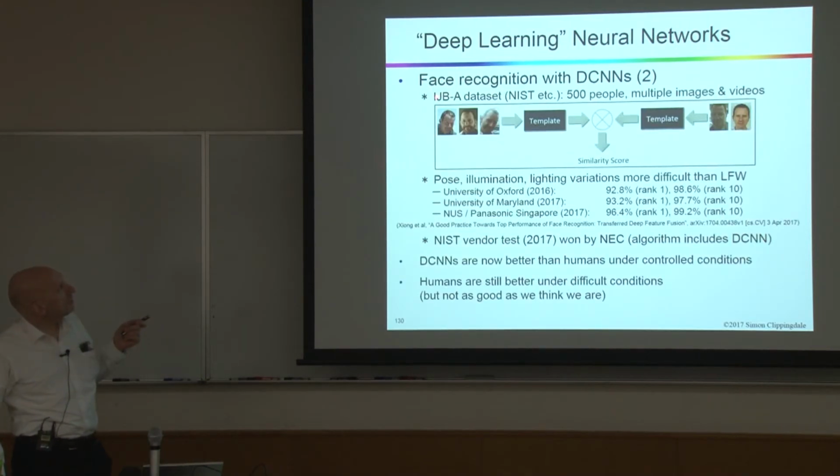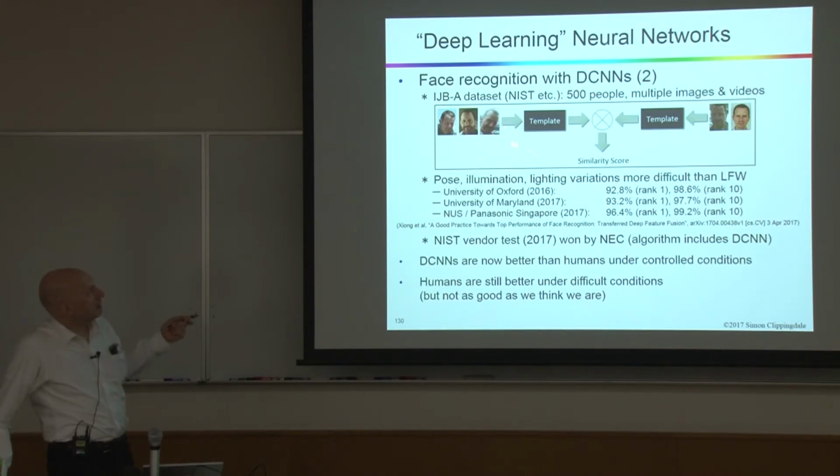There's now a new data set coming out. This is from the National Institute of Standards and Technology in the US. It's only 500 people, but each person has multiple images, and several people have some video in there as well.